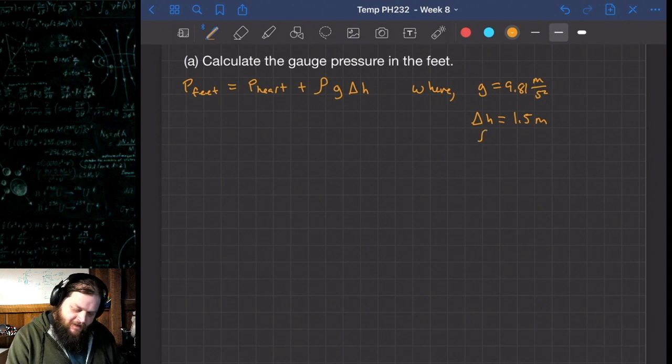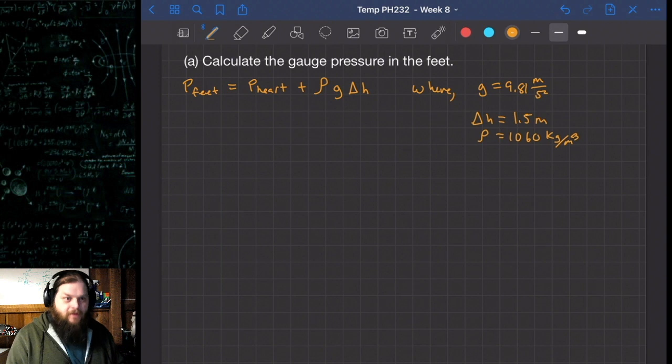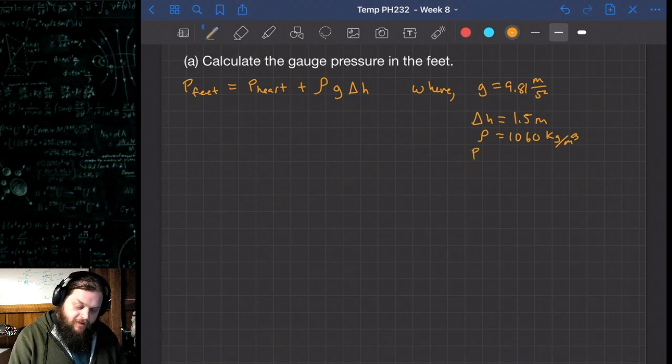We know the density is equal to 1,060 kilograms per meter cubed. That should be meters squared. No, it's cubed. See, I was mixing up pressure and density again. They're both P's. It confuses me. So the pressure at the heart, they said, was equal to 99 millimeters of mercury.